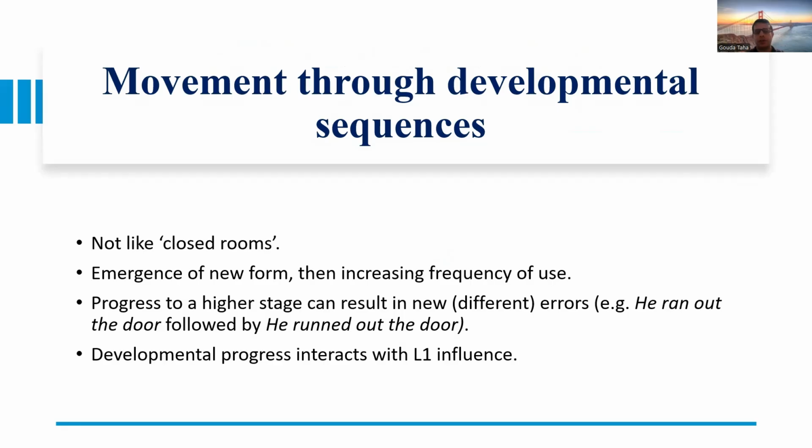It's more of an emergence of a new form, then an increasing frequency of use. So progress to a higher stage can result in new errors or a different kind of errors. Like you might see utterances like "he ran out the door," followed by "he ran out the door." So developmental progress also interacts with first language influence.